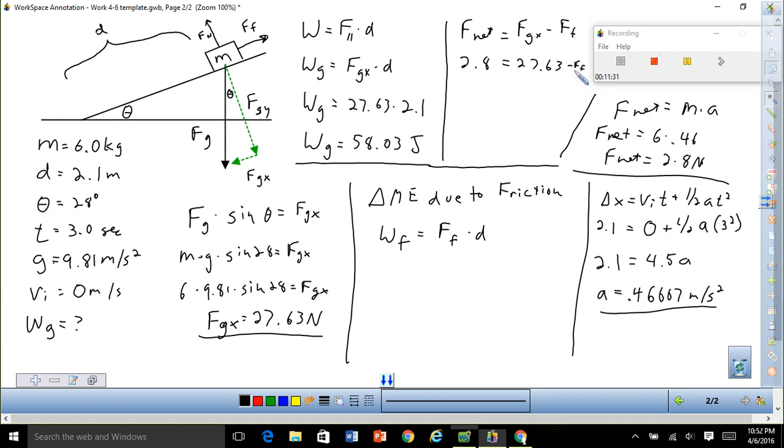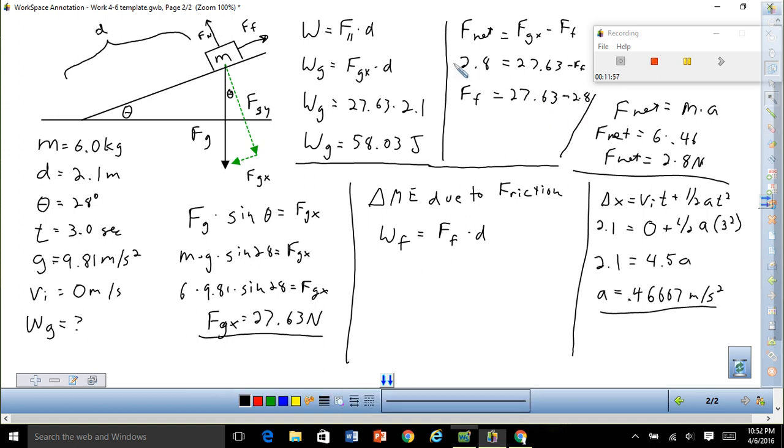At this point we swing Ff around to the other side and it becomes positive. Swing 2.8 to the other side and it becomes negative, so essentially subtracting 2.8 from each side and adding Ff to each side in one step, and we get 27.63 minus 2.8. Whoops, who does that? Minus.